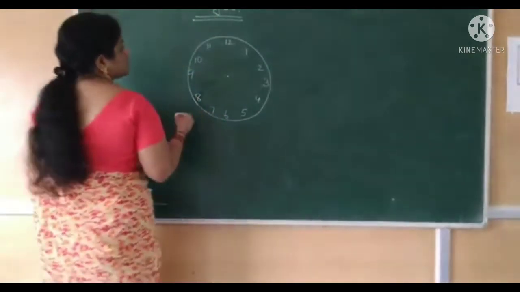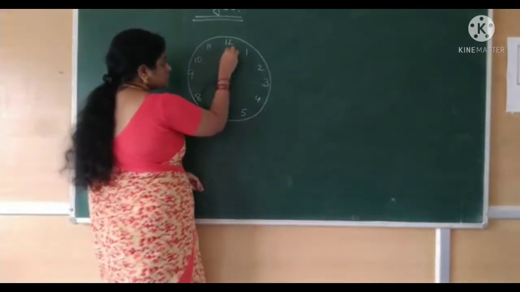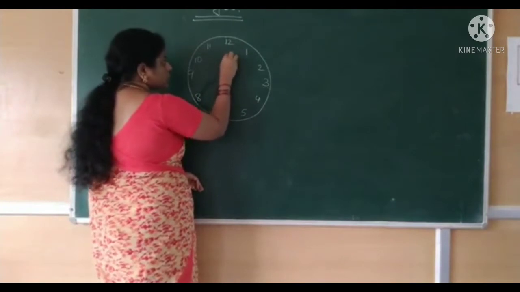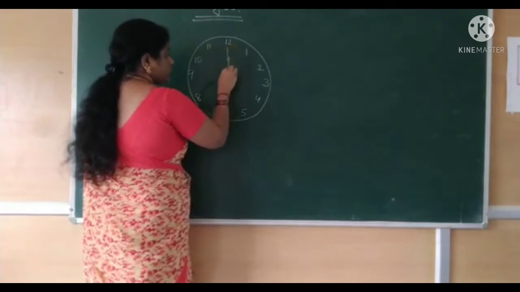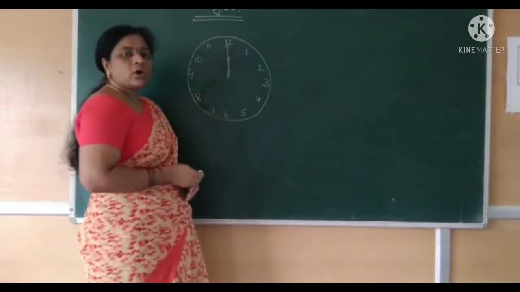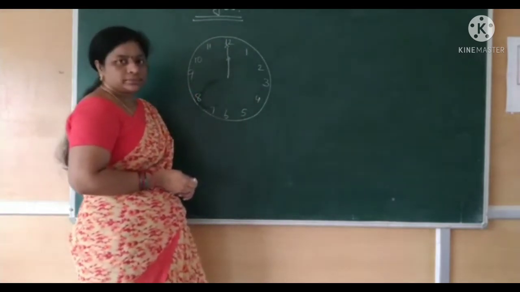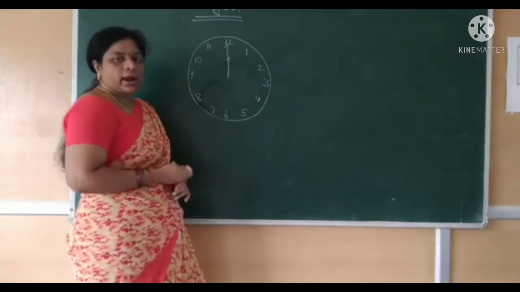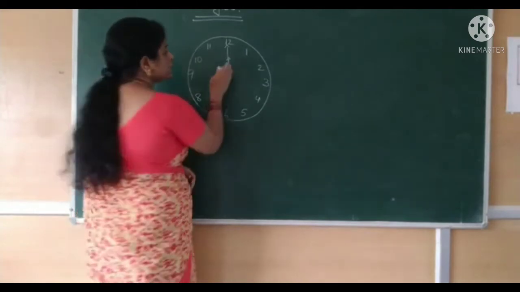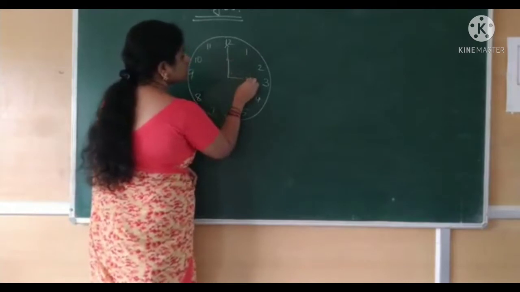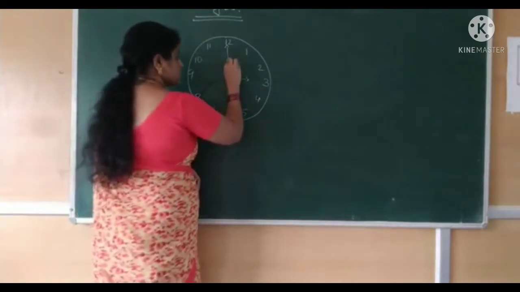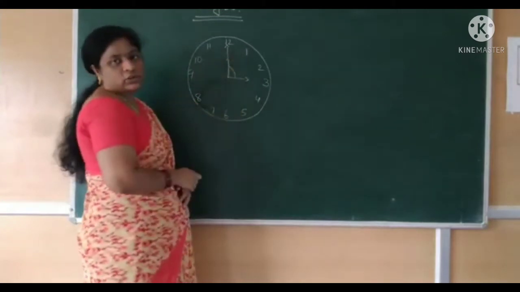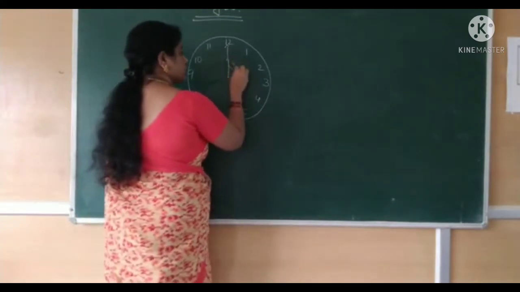Clockwise direction. Suppose this is the smaller hand and this is the bigger hand. How much is the time? 12 o'clock. Suppose the smaller hand moves to 3. It means 1/4 revolution.